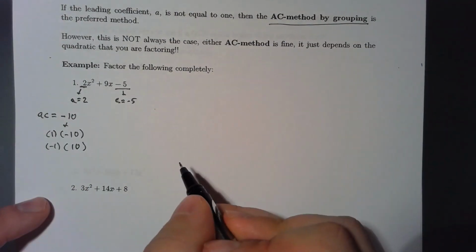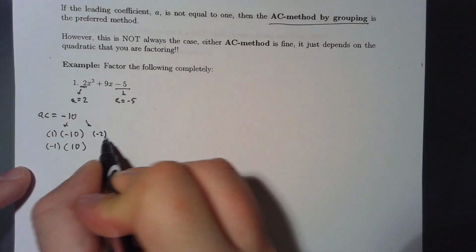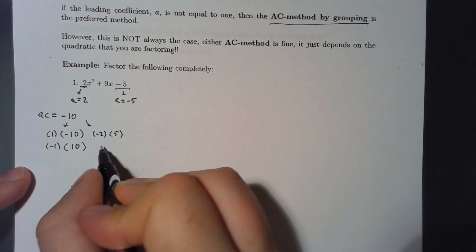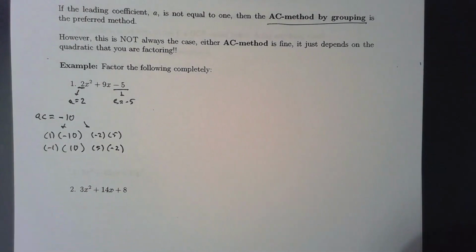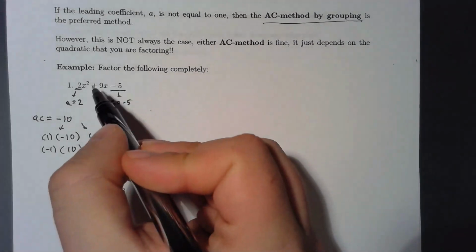It could also be -2 and 5 or 2 and -5. If I look at this right here, which one of these cases is going to give me the +9 here?